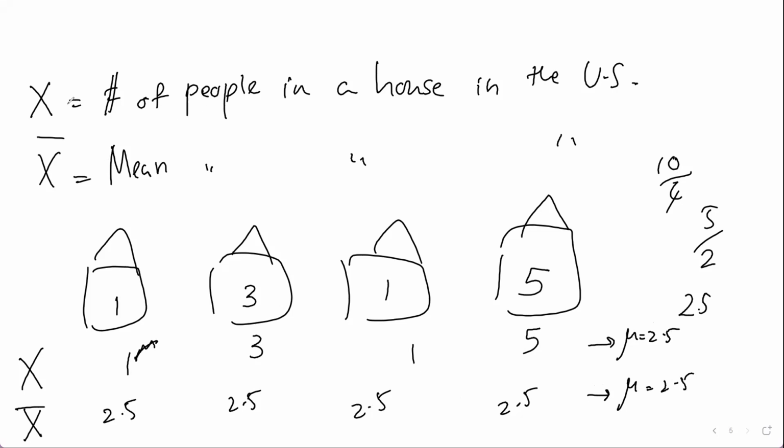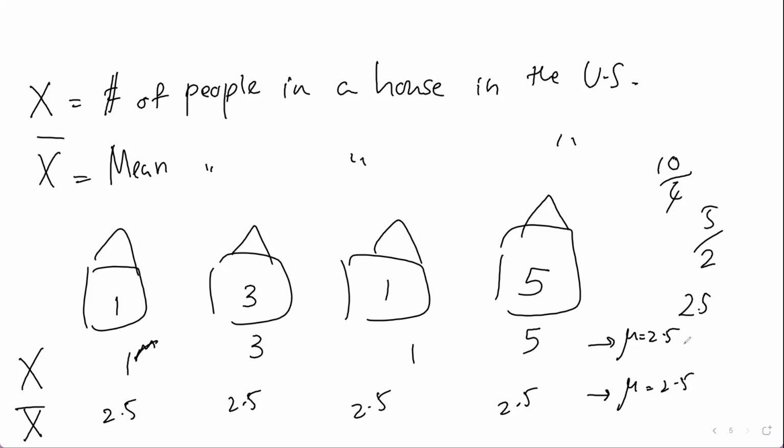I took this example just to give you the idea. If x is the number of people in a house in the US, then x bar is the mean number of people in a house in the US. So they are two different things. Number of people differs from house to house. Mean number is how many people there are in a house on average.